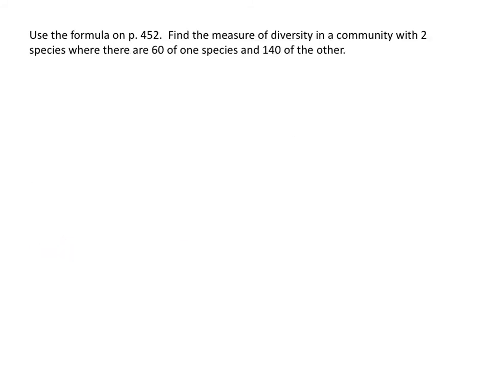All right, next problem, modeling diversities of species. So when we look at that, the formula is this. And actually this will continue depending on how many species there are.